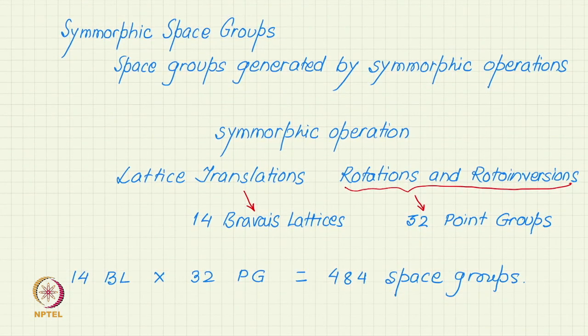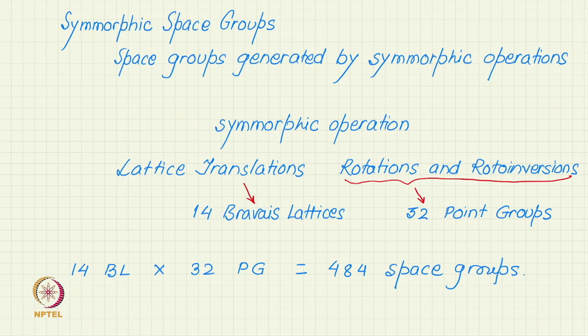So, it may appear that we can simply multiply these two numbers: 14 different kinds of lattices, and we can combine them with 32 different kinds of point groups. So, we should be able to generate 484 space groups. Only, this is not right, and as we know, there are only 230 three-dimensional space groups.